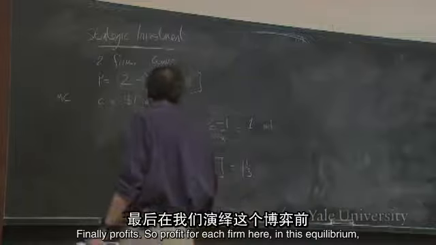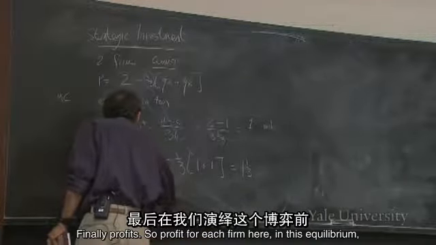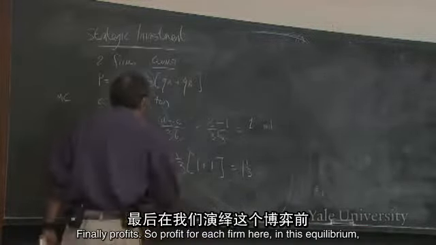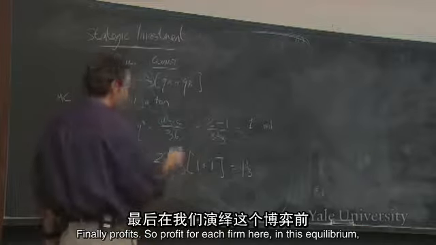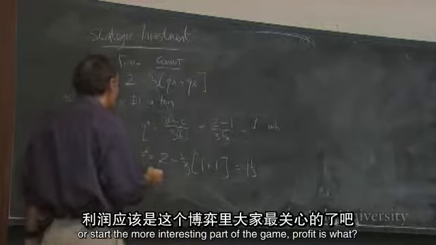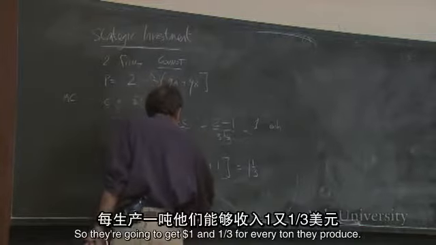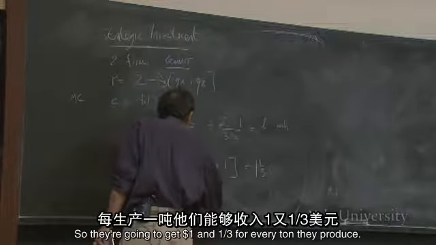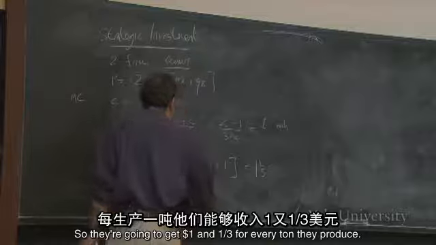All right? And finally, profits. So profit for each firm in this equilibrium, before we even start the more interesting part of the game, is what? They're going to get $1.33 for every ton they produce.